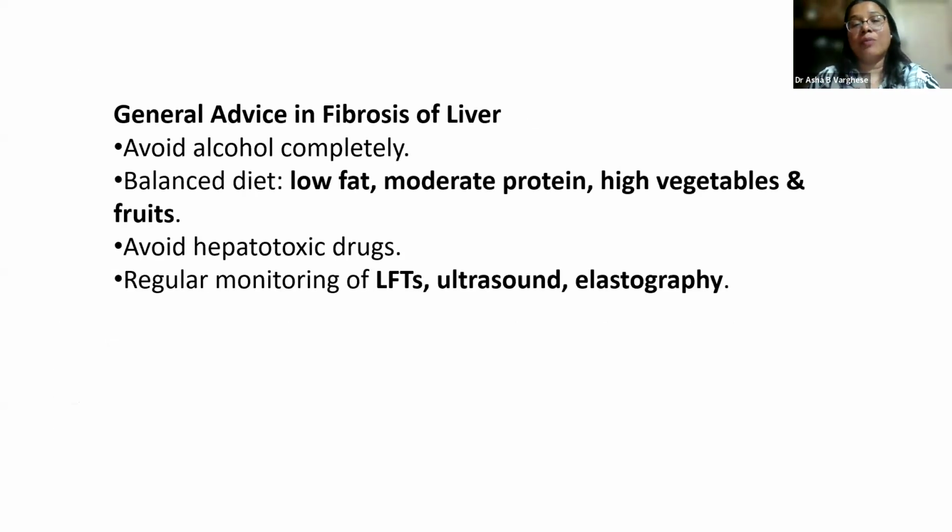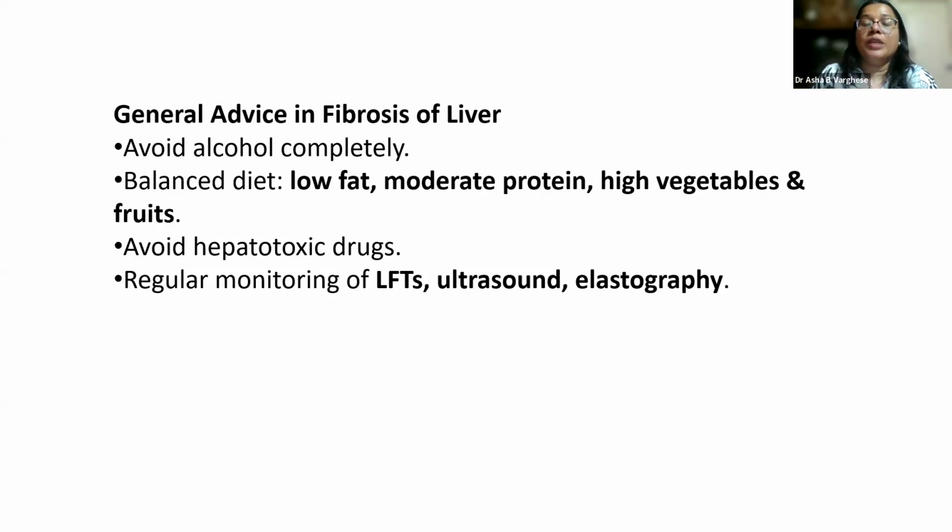General advice in fibrosis of liver. Last time also, during the Malayan section, I had told this very clearly: we should avoid alcohol completely. If there is only fatty liver and not much fibrosis, you can ask them to take lots of fiber in their diet. But if fibrosis is setting in, the liver is already struggling to regenerate or heal itself.